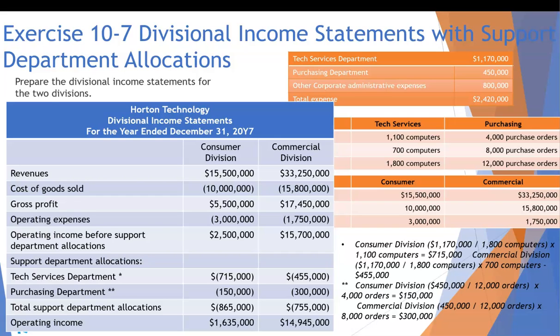For purchasing, we've got the number of orders. The consumer division had 4,000 orders, a total of 12,000 orders. Commercial division had 8,000 orders. So we will take that and record that for each department.